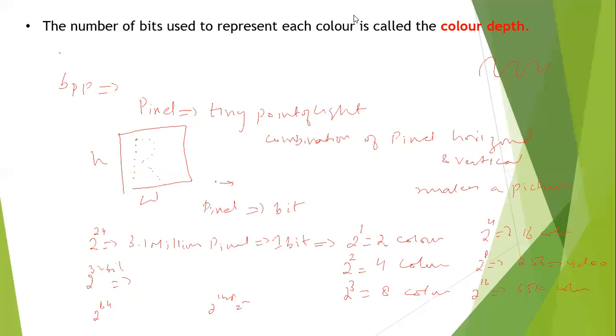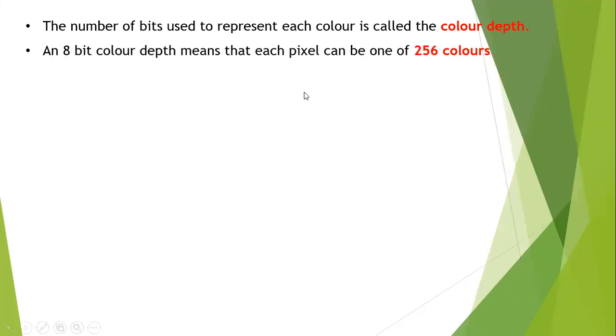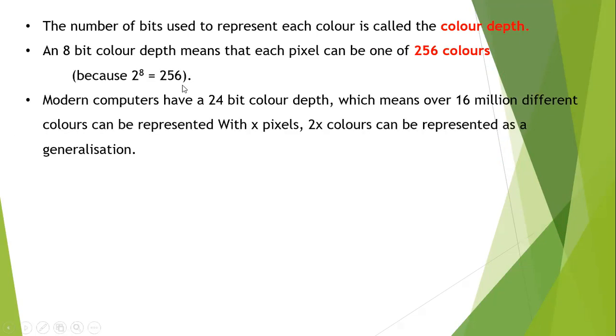Okay, so I'm moving to the next slide. It says an 8-bit color depth means that each pixel can be one of 256 colors, as I told you earlier, because 2 power 8 equals 256.